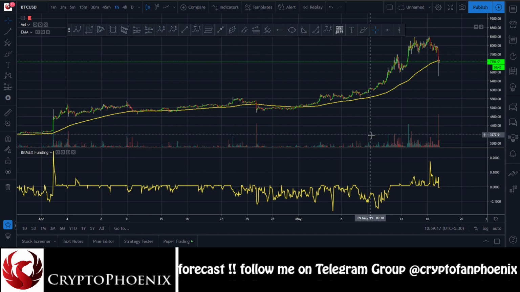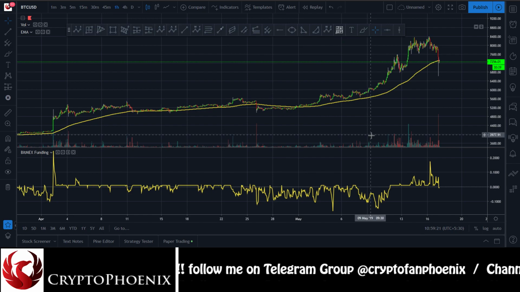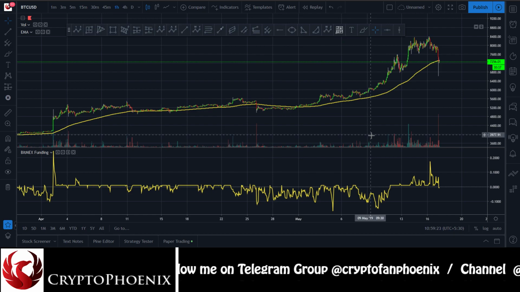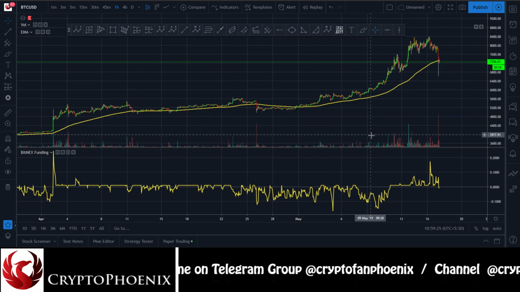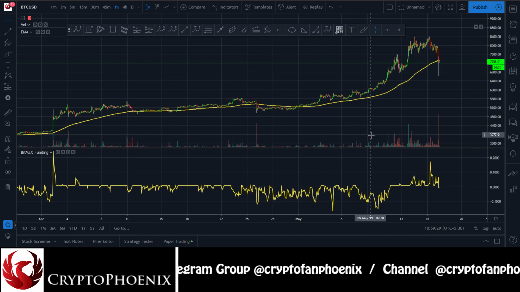The market works like this: when most of the traders are long, the market goes downwards, and when most of the traders are short, the market goes upward.